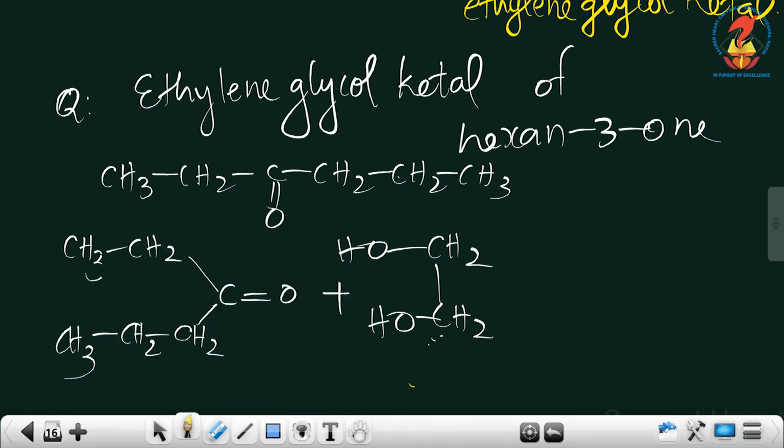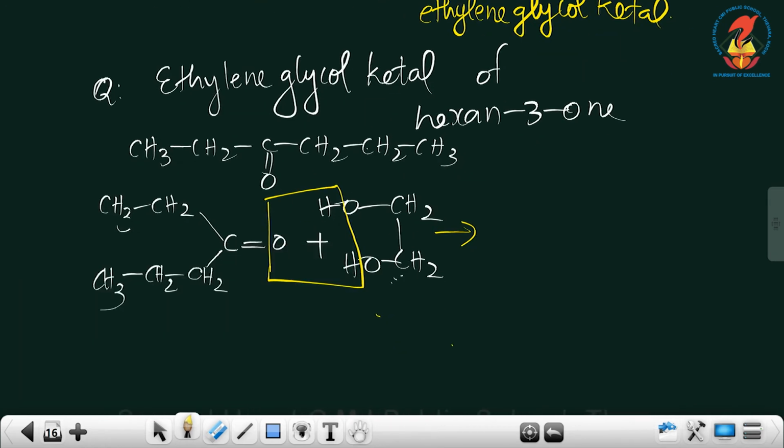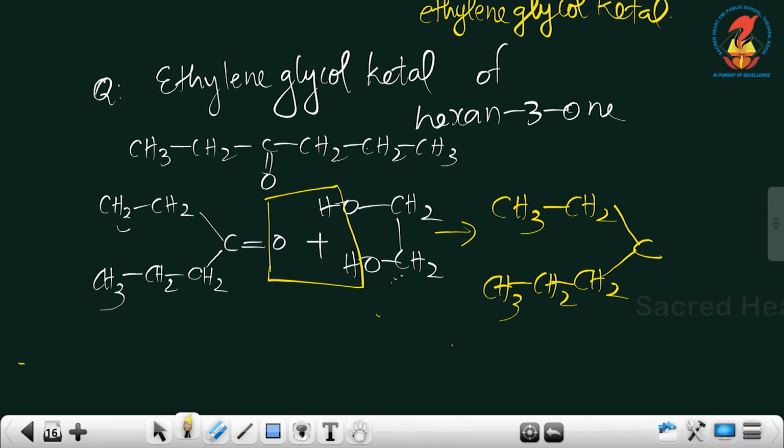And what is the reaction happening here? Elimination of water. And what we are getting here is, start from here. No need to memorize all these structures. By looking at the left hand side, you can write the right hand side. What is on the left hand side? CH3, CH2, C, and on this carbon CH2, CH2, CH3. Now this double bond, this carbon will be connected to this oxygen and this oxygen.